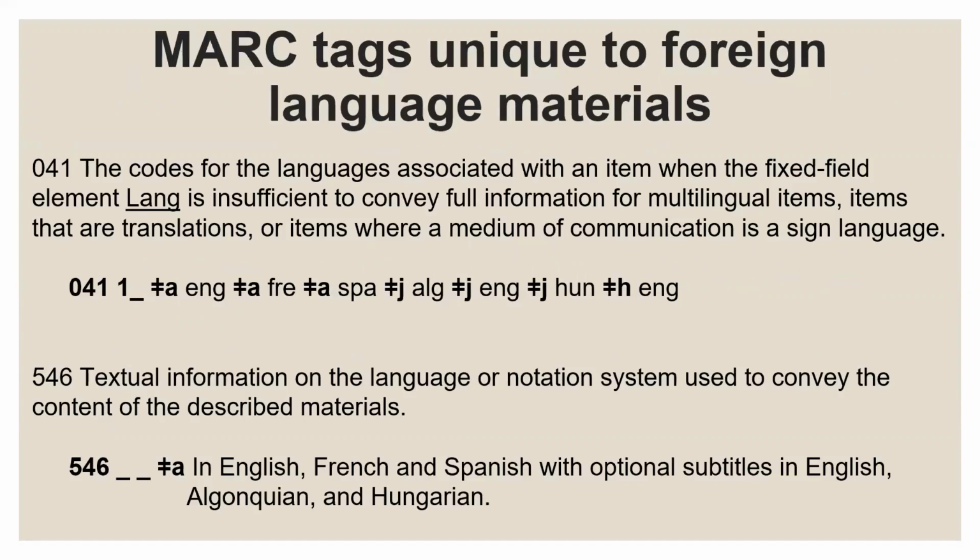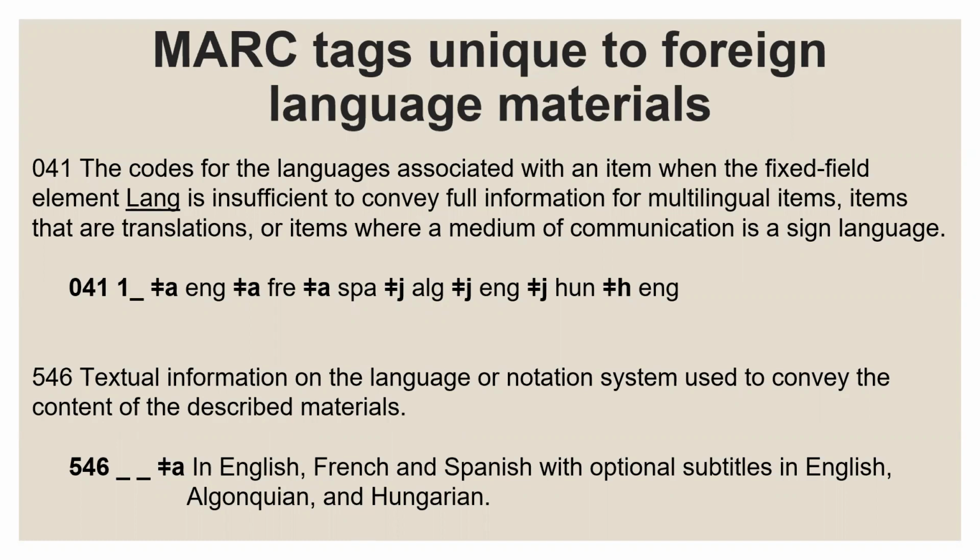The subfields used in the 041 carry different meanings. For B, F, and S, the codes for the languages are recorded in the order of their predominance. However, if predominance cannot be determined, record the codes in English alphabetical order. In this example, the subfield A code for the languages associated with the items and all the subfields are repeatable.